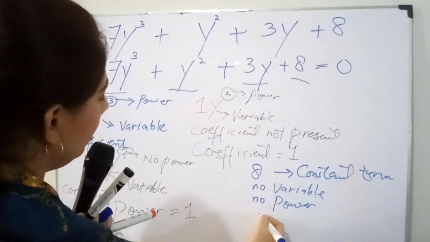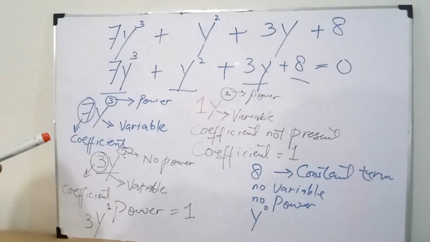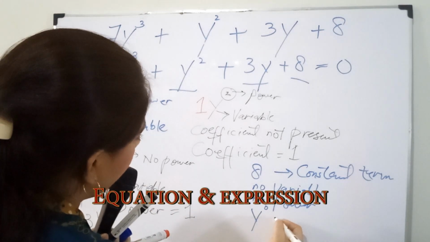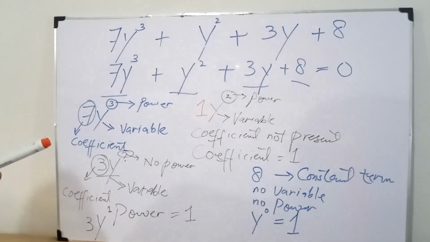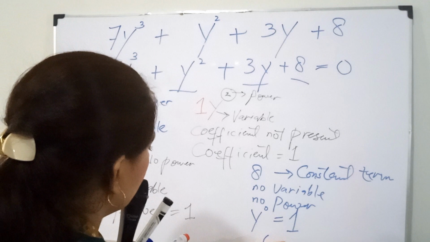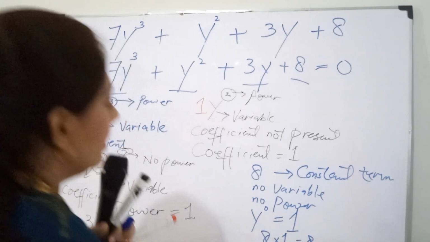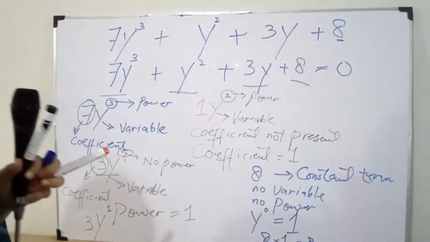So here the power of y is 0. And any variable with the power 0 is always equal to 1. So the number 8 becomes 8 multiplied by 1, equal to 8. That's why only the digit is written over here.